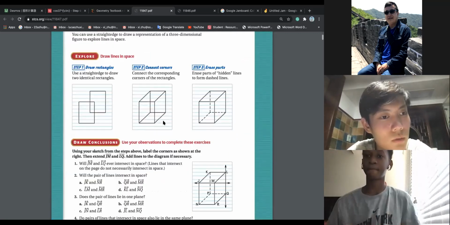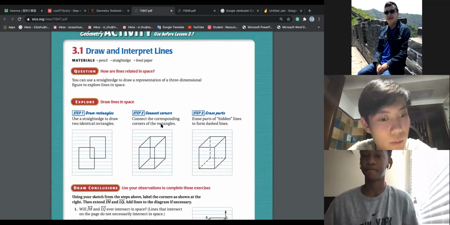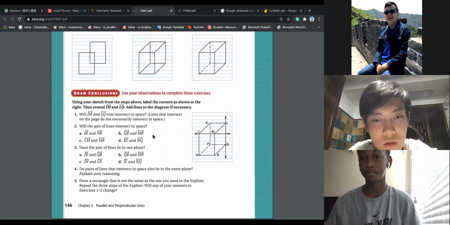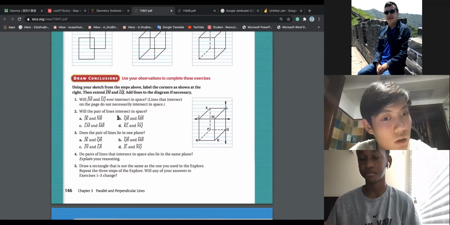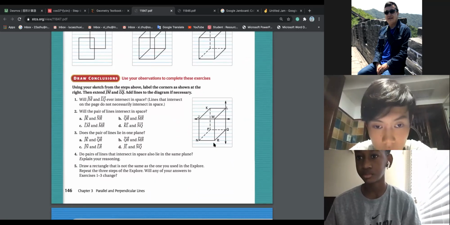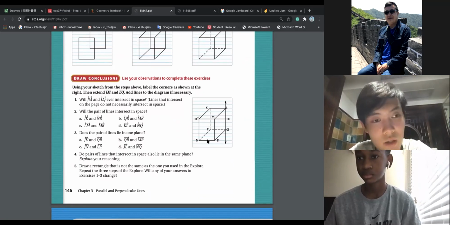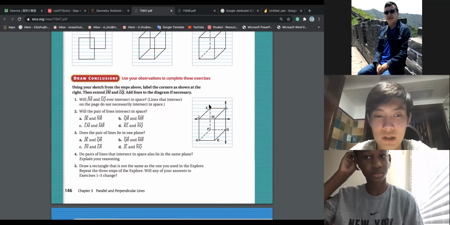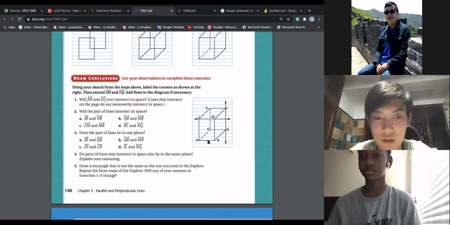So let's see. Draw and interpret lines. Let's try two like this. Just practice with it. So A, line JK, which is right here, and line NR, which is right here. Will they intersect in space? No, right? Because this is up there and this is down here.